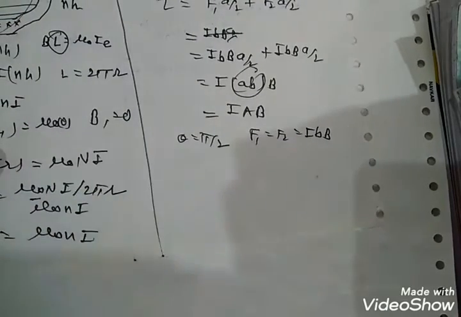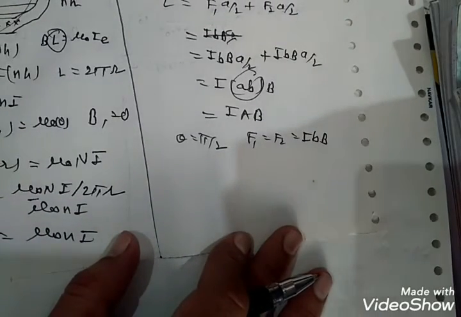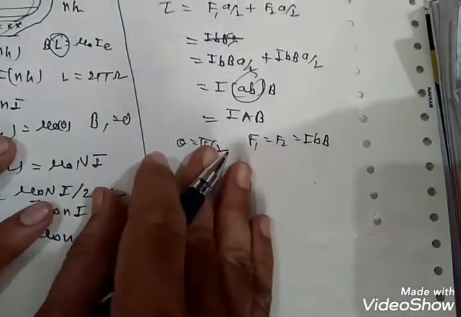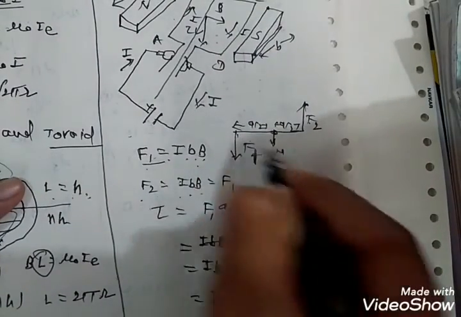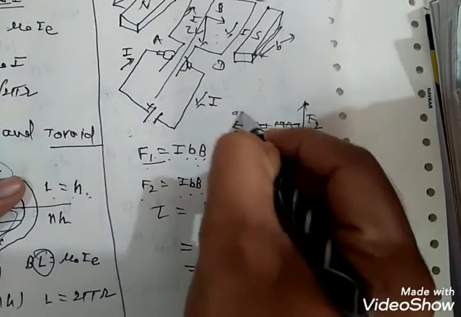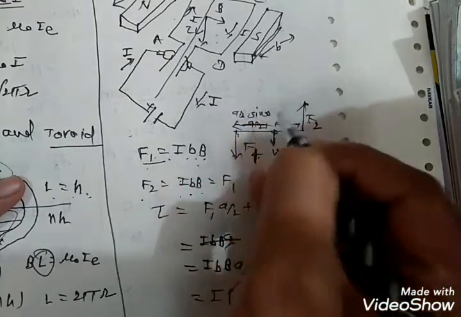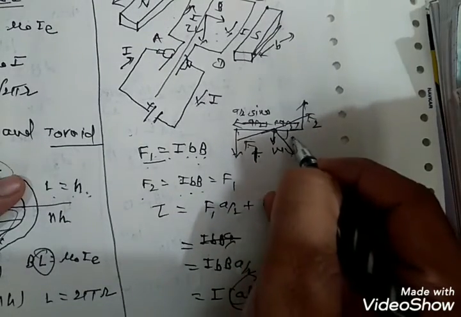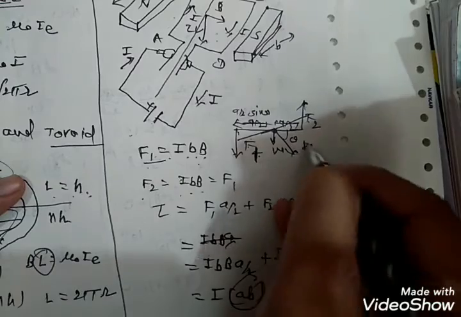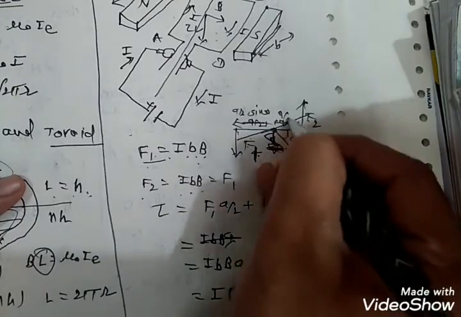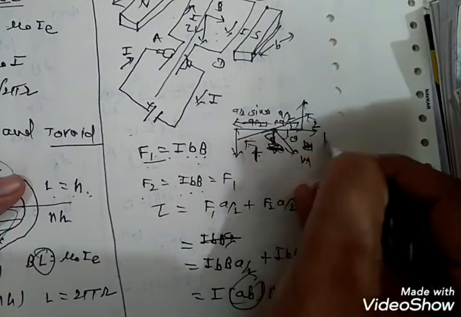Now in the next figure, 4.22b, we see the directions of F1 and F2, with A by 2 sine theta as the perpendicular distance.